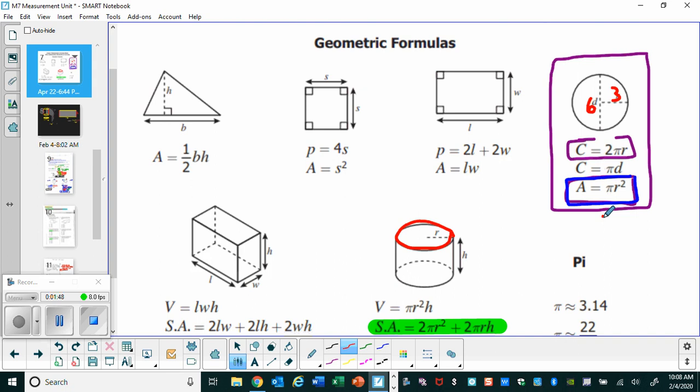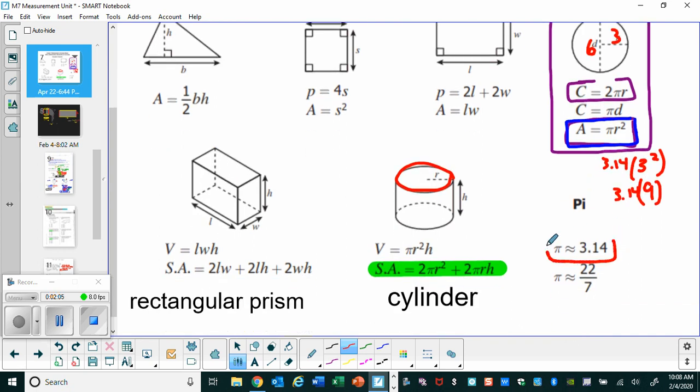And in the formula, we would do 3.14, and the radius is 3. That's what's going to get squared. So this would be a 9, and then times 3.14, and that would be our total area of the circle. You can see right here on your formula sheet that we are using 3.14 for pi, and now I'm going to explain how this formula works.